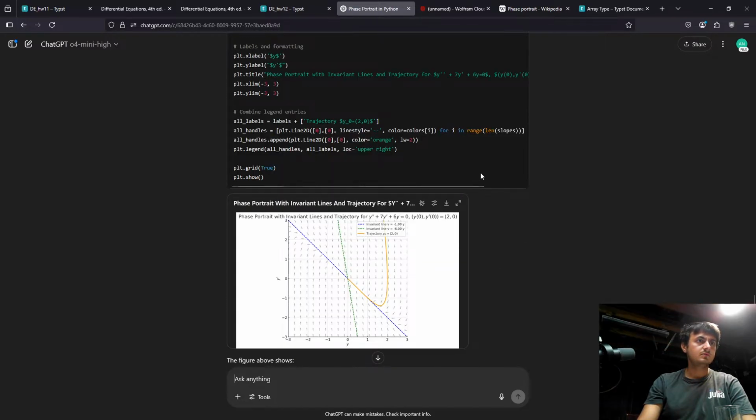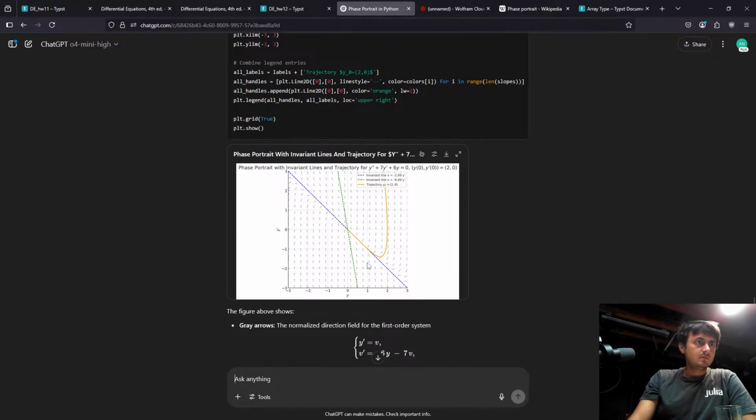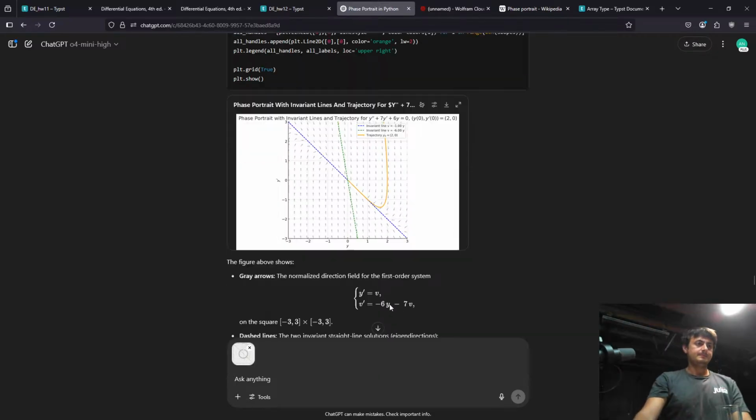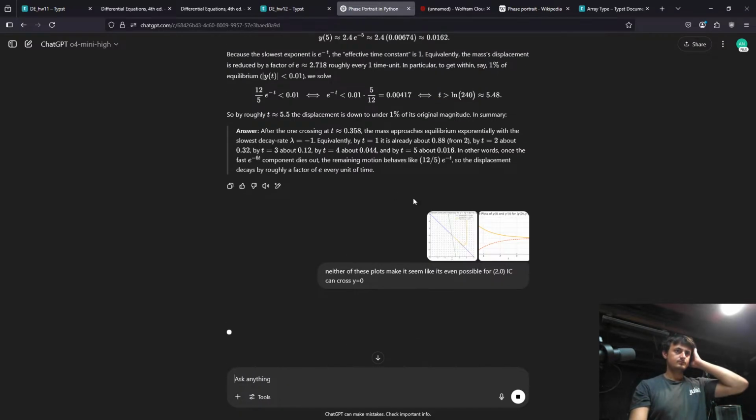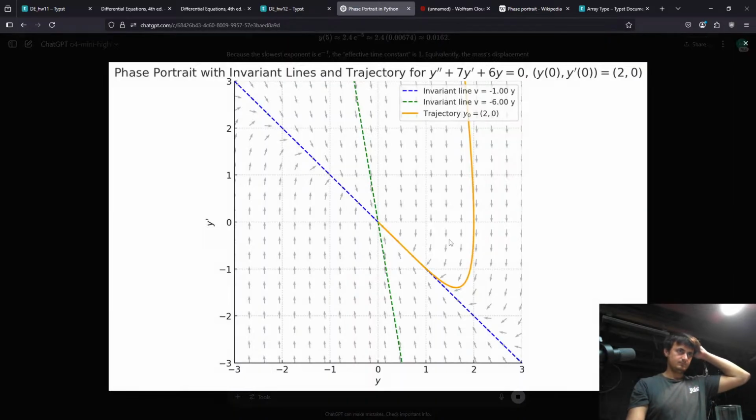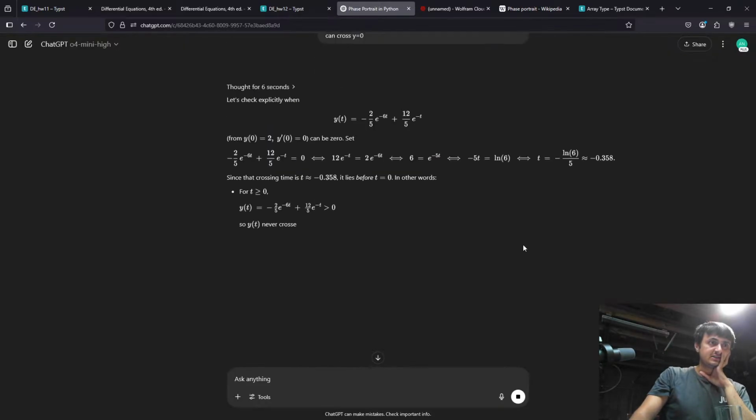Where's the other plot? They're saying at t equal to this. If this plot's right, then that's not true.